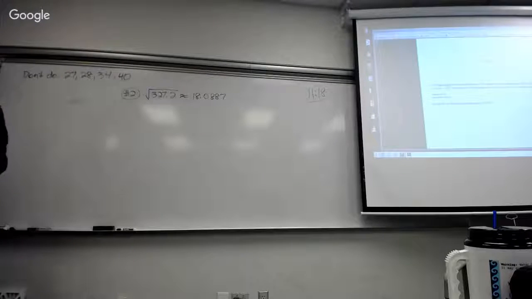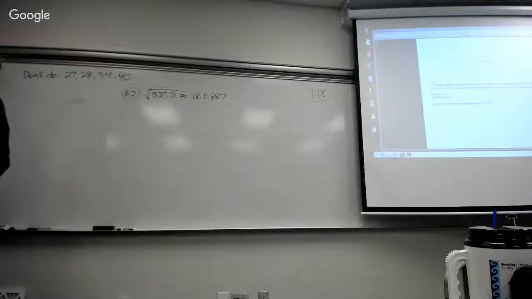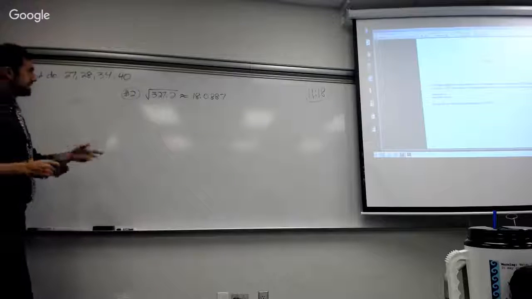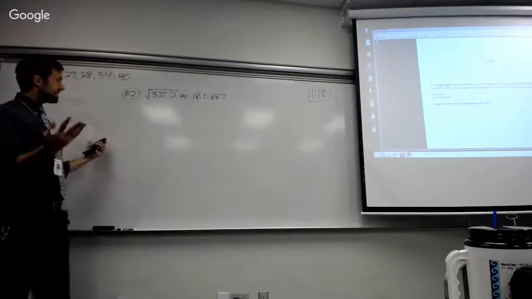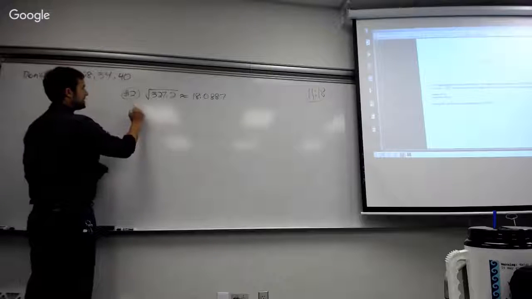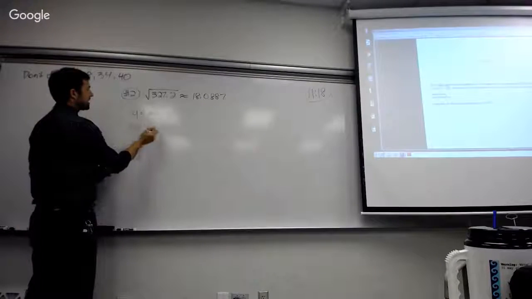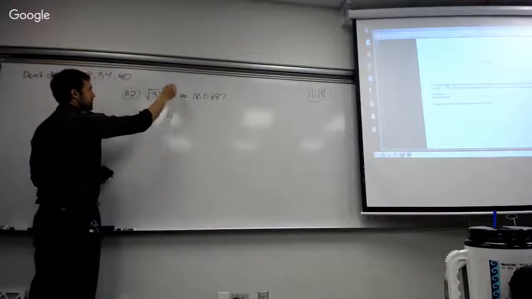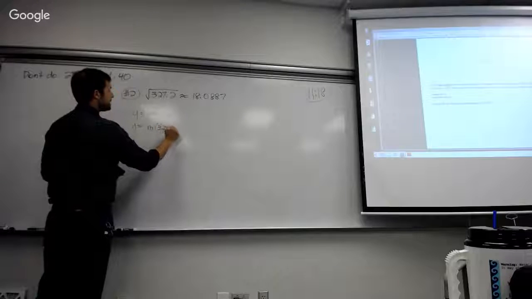This is fairly simple. But here's a question: can you square root in your head? No. The only way we were able to do that was by using a calculator. Wouldn't it be so much easier if there was just a formula like y equals mx plus b, and instead of plugging 327.2 into a square root, you plug it into mx plus b?